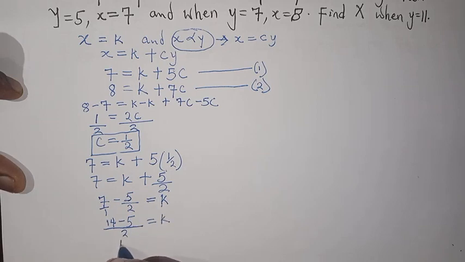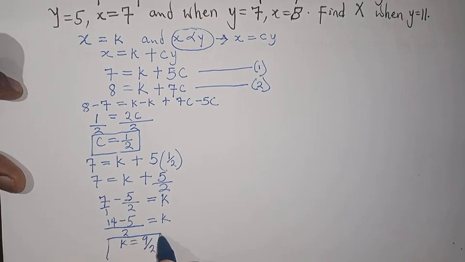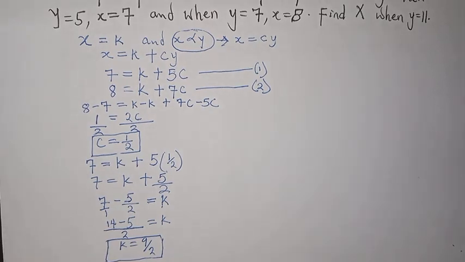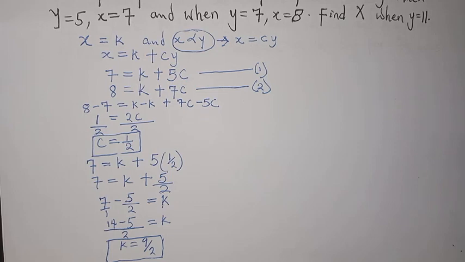So k equals 9 over 2. So k is 9 over 2. That's our answer here. Now that we've gotten the value of k to be 9 over 2, the next thing we do is to look at the question proper.